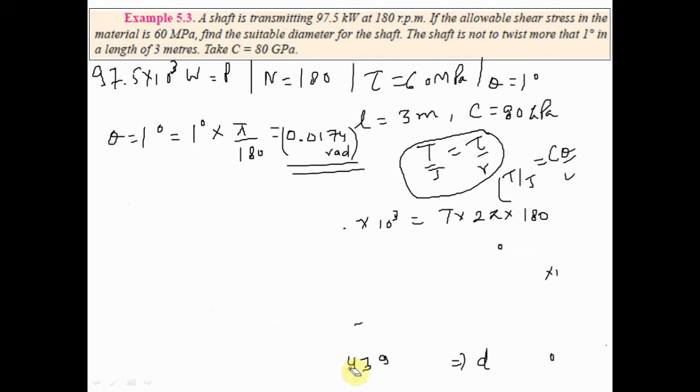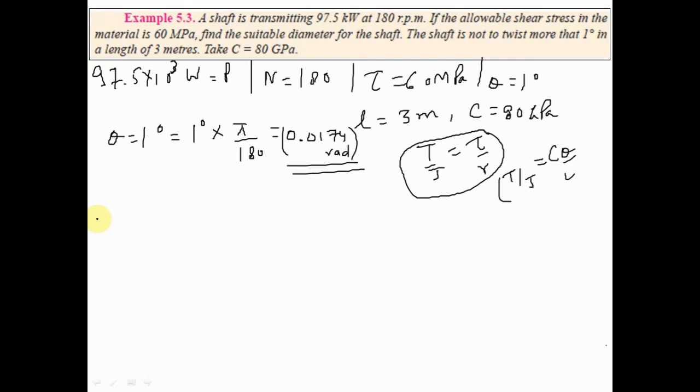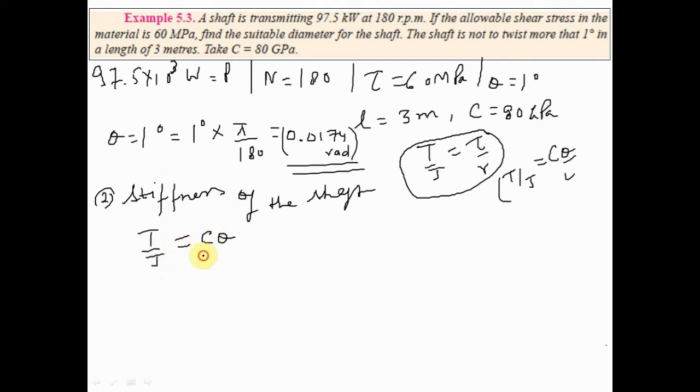So second will be based on the stiffness of the shaft. So for stiffness of the shaft, you have to use T by J equal to C theta by L. Theta you already calculated, equal to 0.0174 radians.